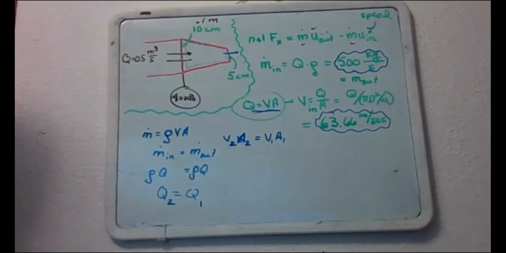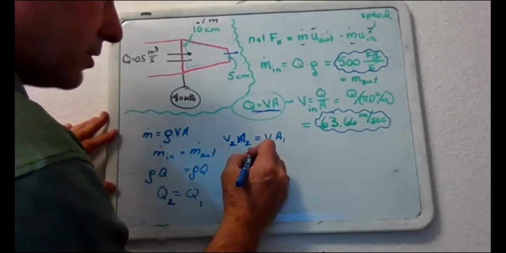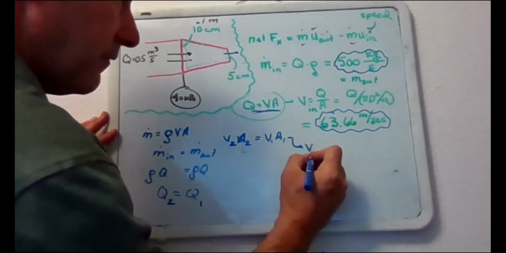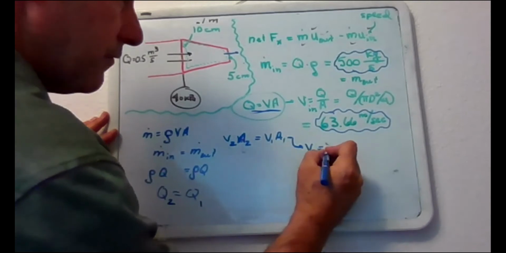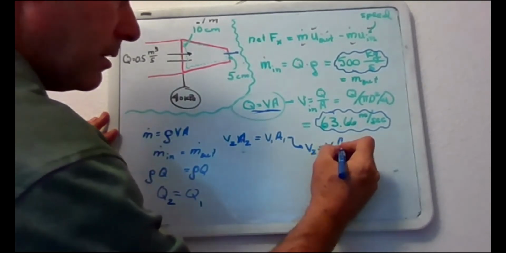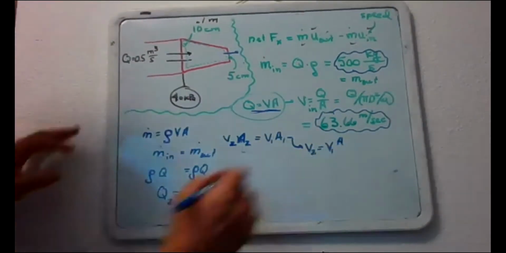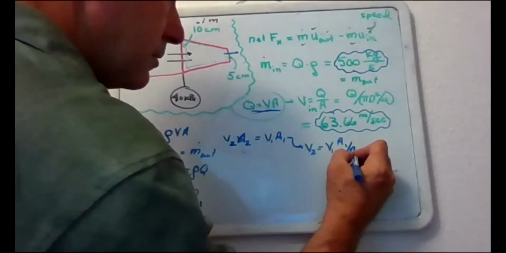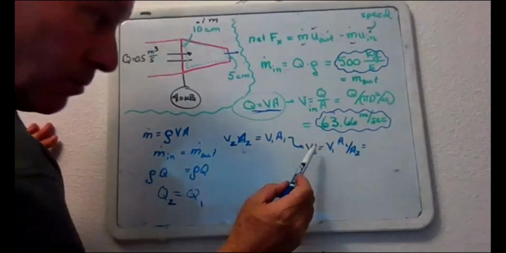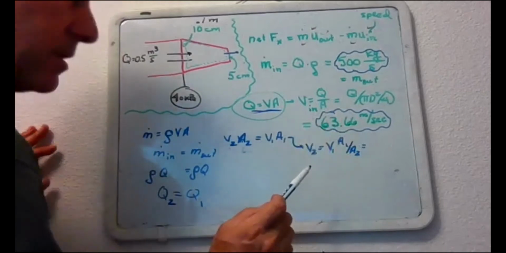And then I can do the math and solve for V at the outlet. So V2 at the outlet is equal to V1 times A1 over A2. And just thinking about that for a second, we've got V1, that's the 63.66.